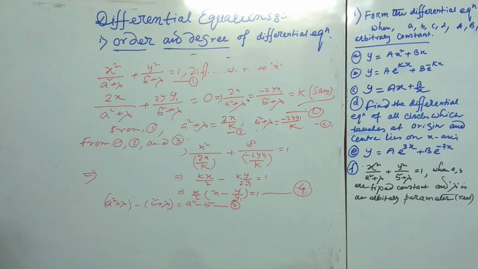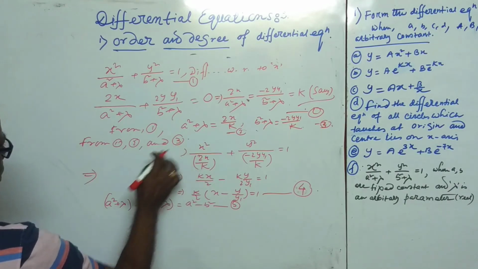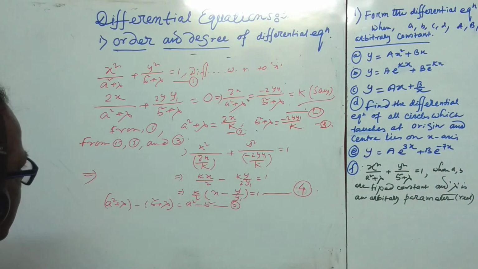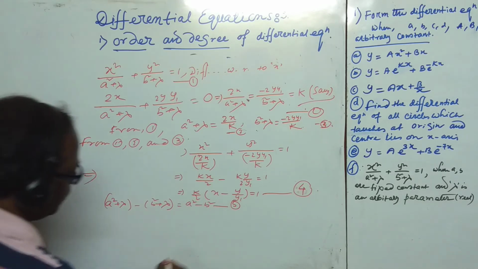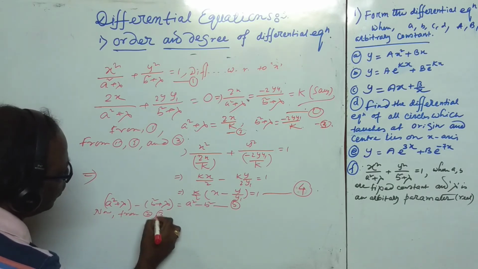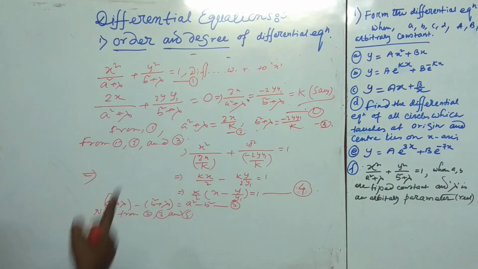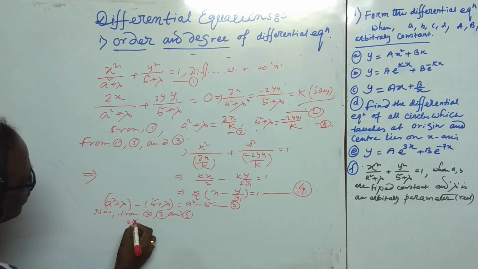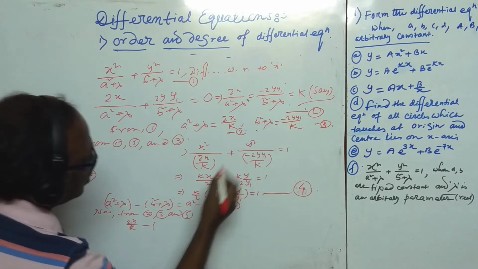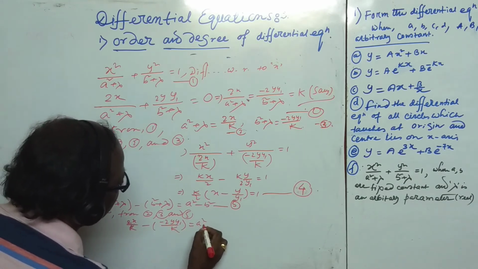Now from 2, 3 and 5, put this in: a square plus lambda, that is 2x by k, minus b square plus lambda, that is minus 2y1 by k, is equal to a square minus b square.